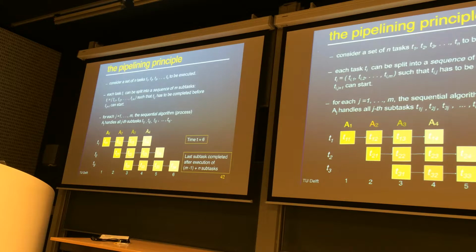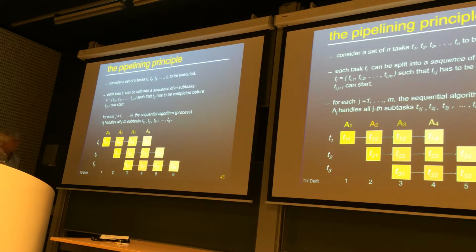So instead of a product of m times n, we have reduced the complexity to O(m) plus O(n). Okay? And that's the basic idea of pipelining. Reducing complexity from a multiplicative factor to an additive factor.